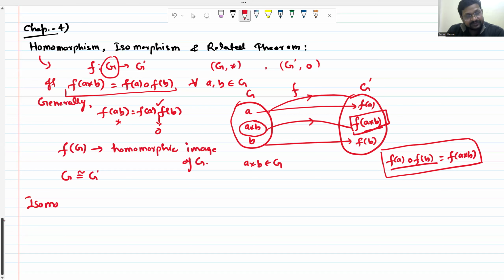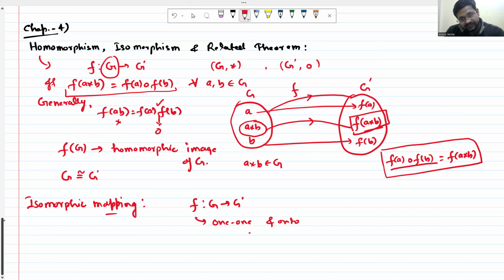So isomorphism is basically a homomorphism as well as a one-to-one mapping. A function which is one-to-one as well as a homomorphism is an isomorphism. So if this is called f from g to g dash, and similarly here g star and tau, so this is a homomorphism, one-to-one, and one-to-one plus homomorphism.